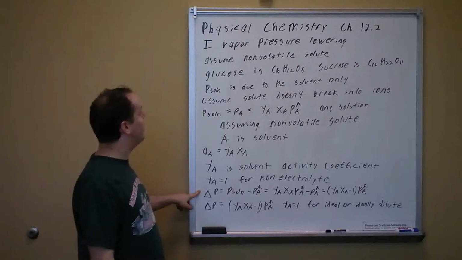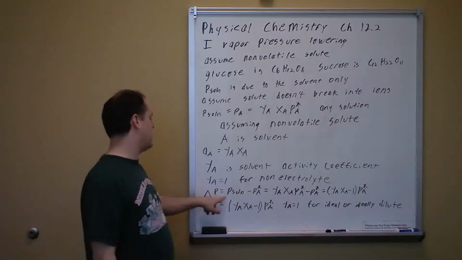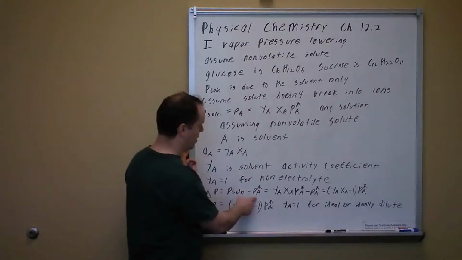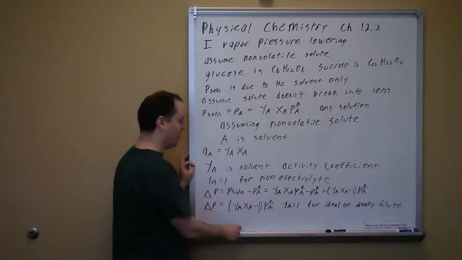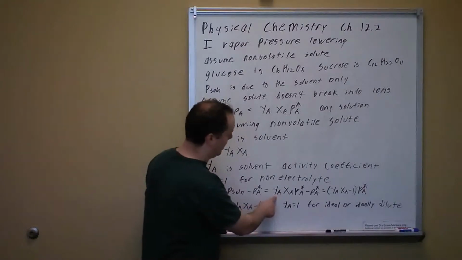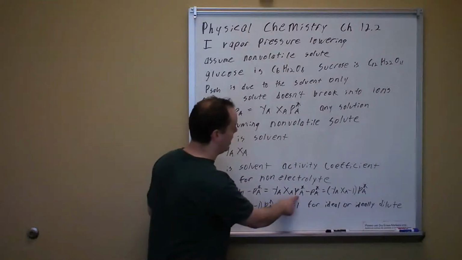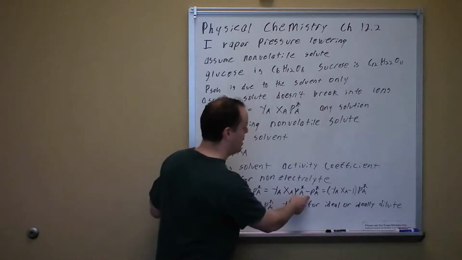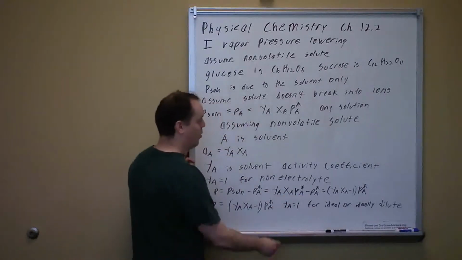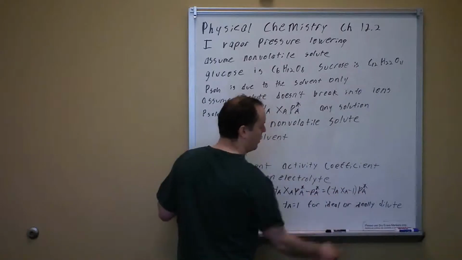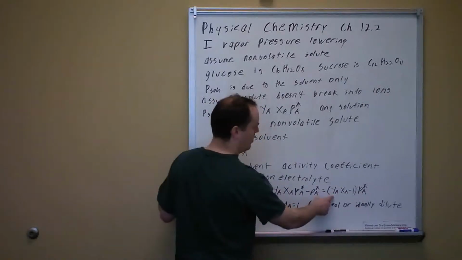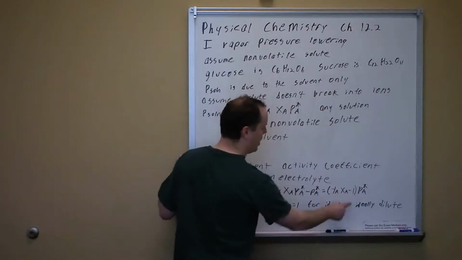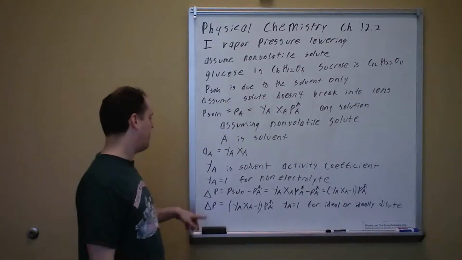So to figure out the vapor pressure lowering, it's just going to be equal to the pressure of the solution minus the pressure of the unmixed A, the solvent. So that's going to be equal to gamma of A times the mole fraction of A times the unmixed pressure of A, minus the unmixed pressure of A. We can factor out the unmixed pressure of A, and that's going to leave gamma of A times mole fraction of A minus 1.